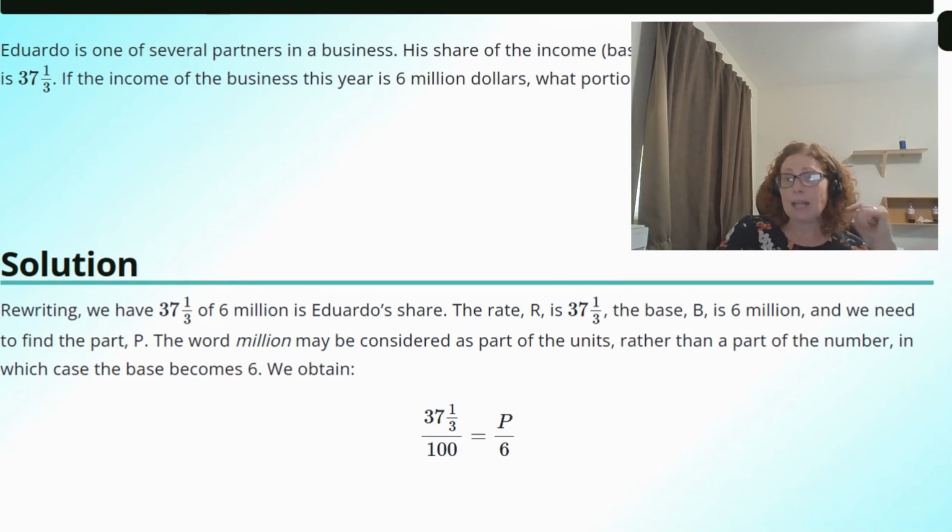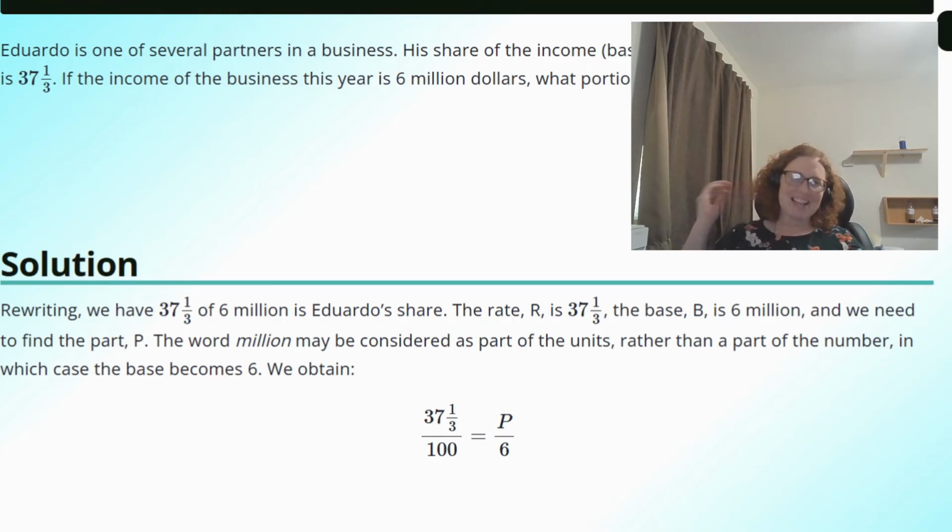Eduardo is one of several partners in a business. His share of the income is 37 and 1/3%. If the income of the business this year is $6 million, wow, wouldn't that be nice? Even being one of several partners. But which portion is Eduardo's share?